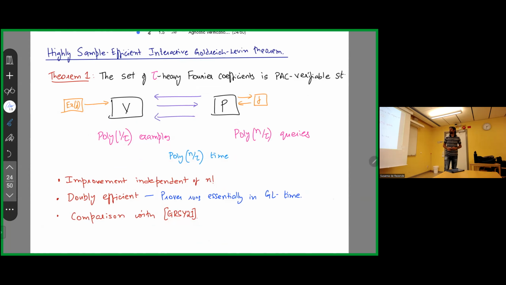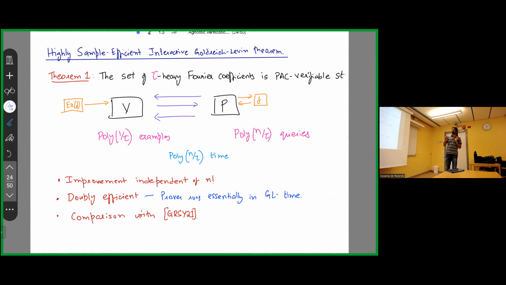So our first result is that we show that the set of tau-heavy Fourier coefficients is PAC verifiable, such that the verifier uses just poly(1/tau) many random examples, and the prover uses poly(n/tau) many queries. So it's a very sample-efficient interactive version of the Goldreich-Levin theorem, because the improvement is independent of the input length.